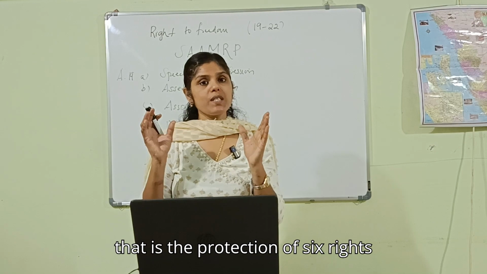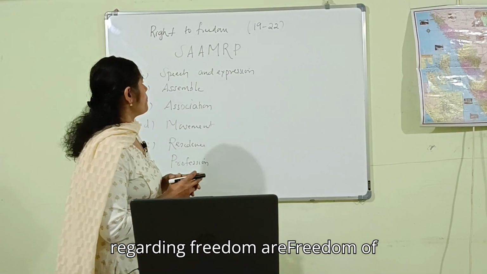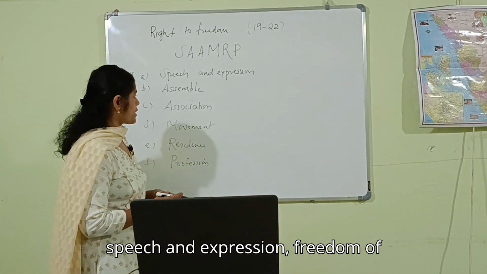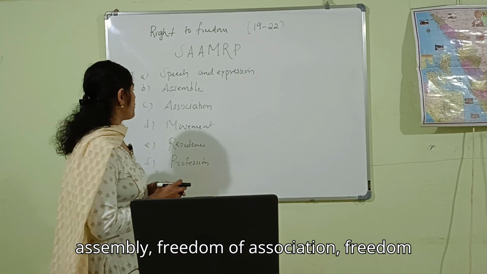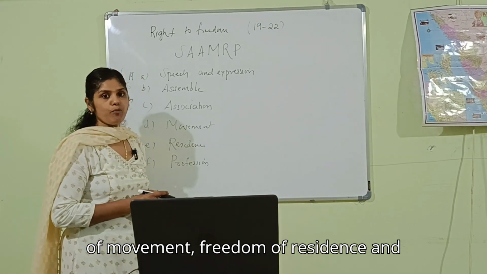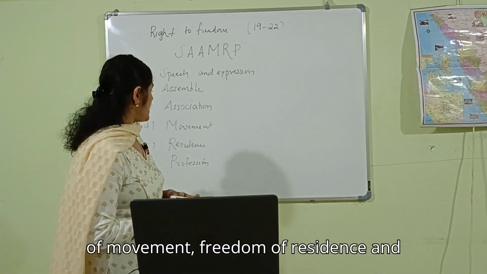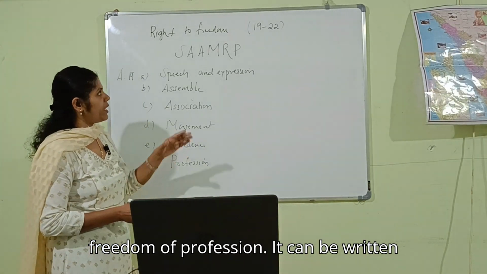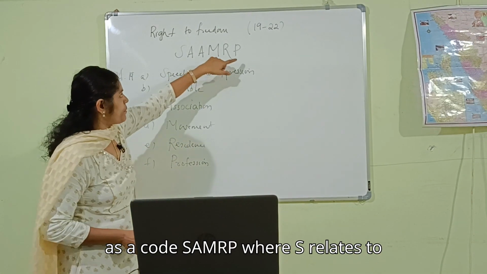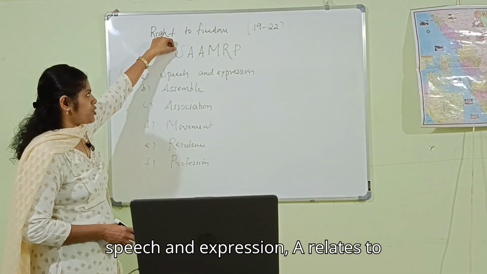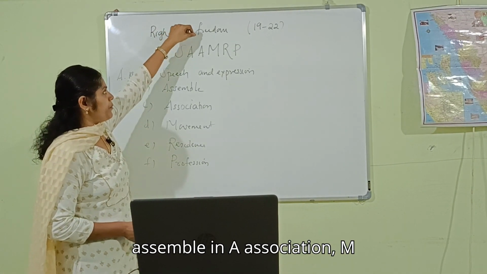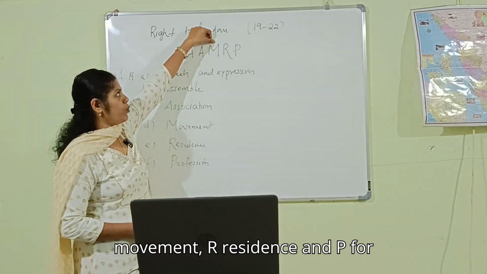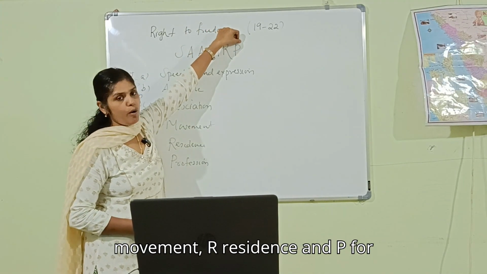The protection of 6 rights regarding freedom are freedom of speech and expression, freedom of assembly, freedom of association, freedom of movement, freedom of residence, and freedom of profession. It can be written as the code SAM-RP, where S relates to speech and expression, A relates to assemble, A to association, M movement, R residence, and P for profession.